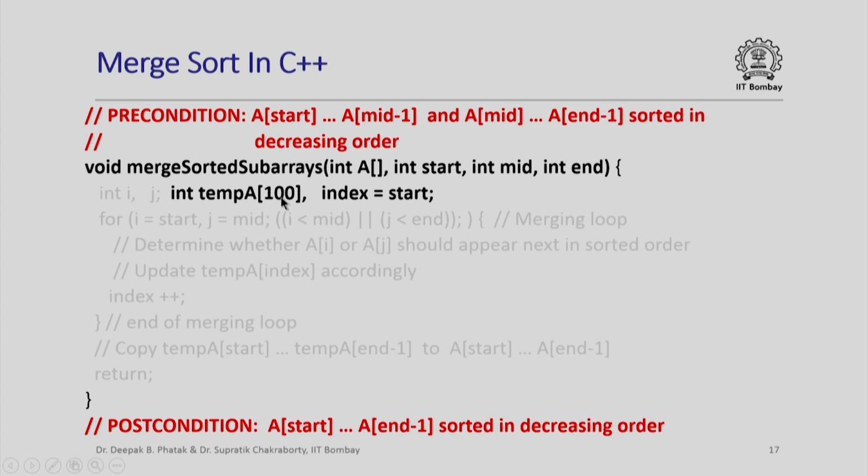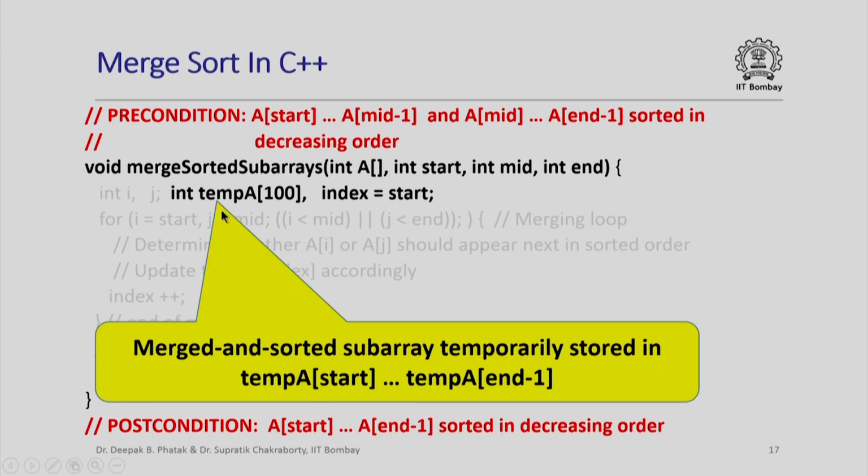In our case, the size was 100, and I am also going to use an integer variable called index, which is initialized to start. This temp A array is basically where the merged and sorted subarray is going to be temporarily stored, and later on we will copy the merged and sorted subarray from this temp A back to A.